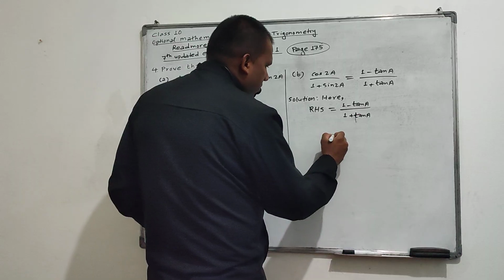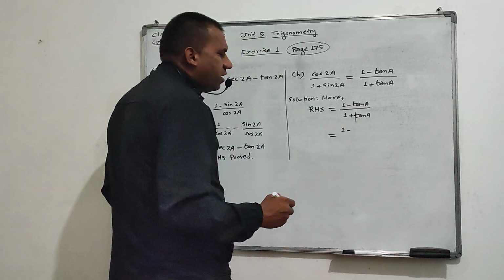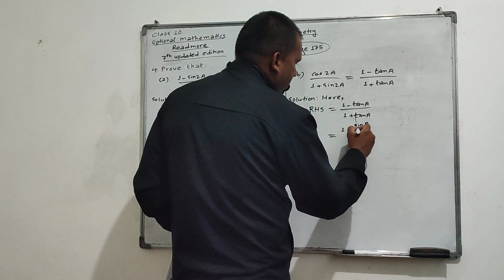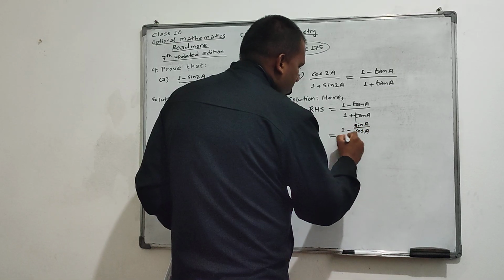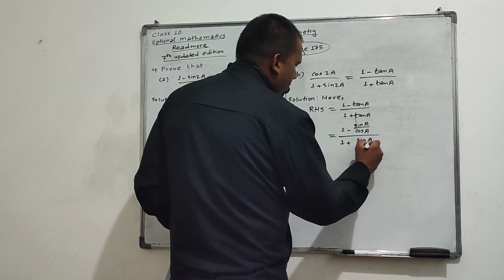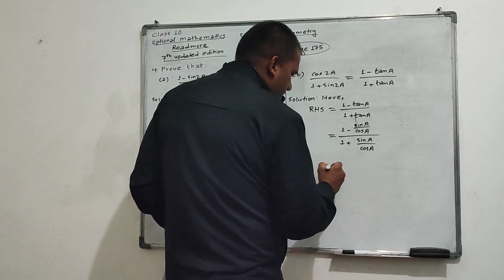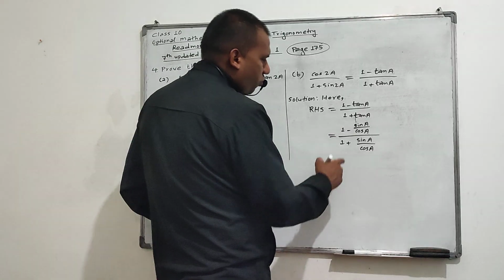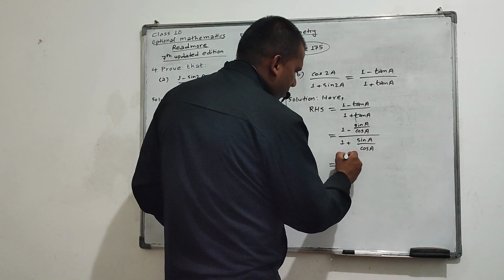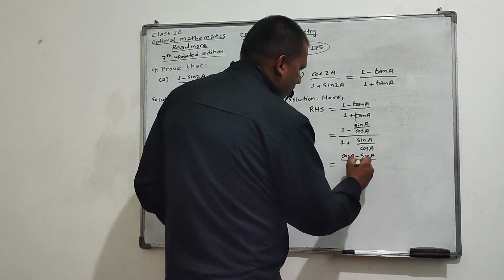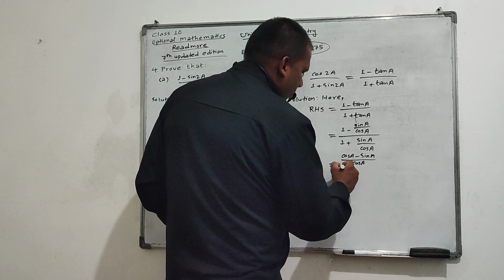Now this equals 1 minus tan a, that is sin a upon cos a, changed into sin cos, whole upon 1 plus tan a, that is sin a upon cos a. Now taking LCM on numerator and denominator both, we can write (cos a minus sin a) whole upon cos a.